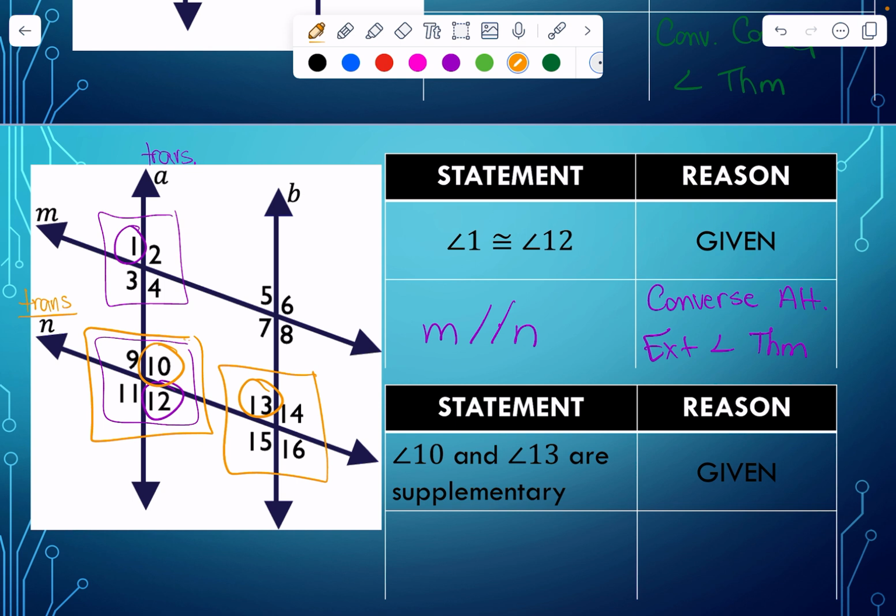So I know that A is parallel to B by the converse consecutive interior angle theorem. Okay, so that's how we're going to start spotting those. The key here is we have to be able to recognize which lines are parallel to which, and also from that, which angles would be congruent based off one set of parallel lines.